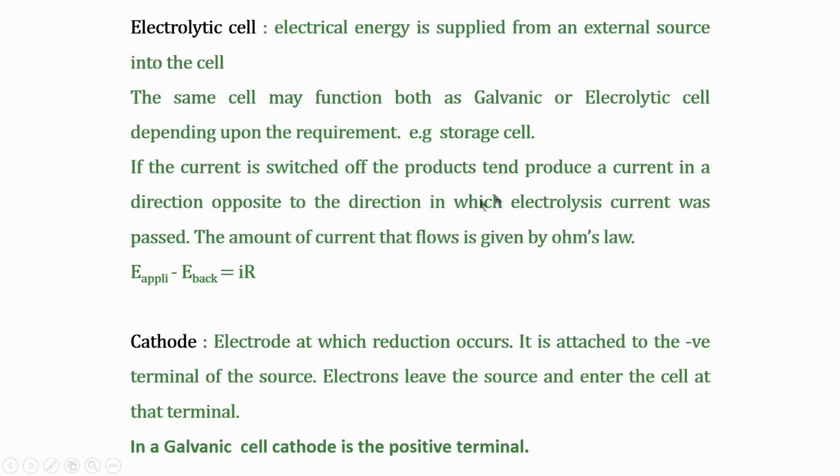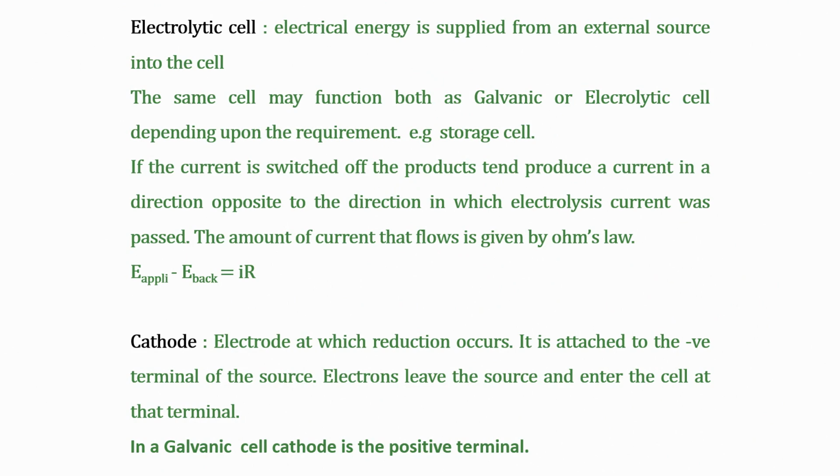Reusable alkaline batteries, you must have heard, are in the market. Such things are capable of functioning as a galvanic cell as well as an electrolytic cell. So, if the current is switched off, what happens? The products tend to produce the current in the direction opposite to the direction in which the electrolysis current was passed.